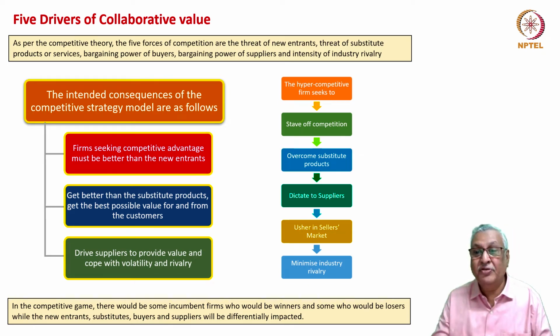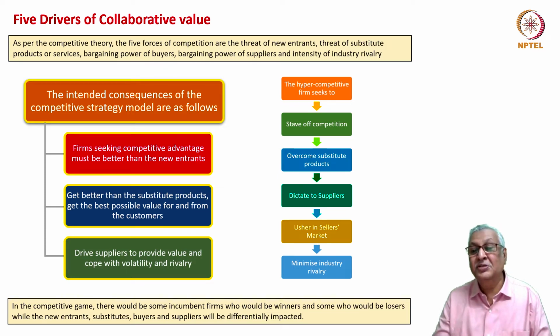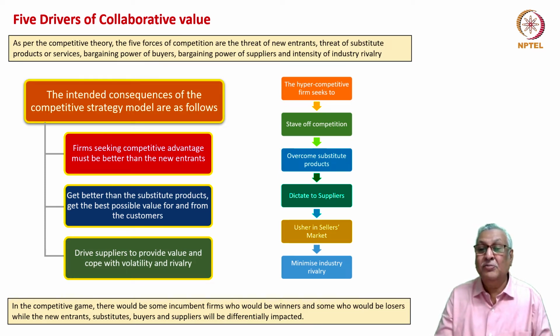They try to stave off competition, they overcome substitute products, and mind you, this overcoming substitute products is not necessarily only through technology. If it were so, it may be a good augury. Instead, it could be through splurging of resources and expenses on marketing, trying to defend the position, in which case it is not a great idea to overcome better substitute products that would be coming in.